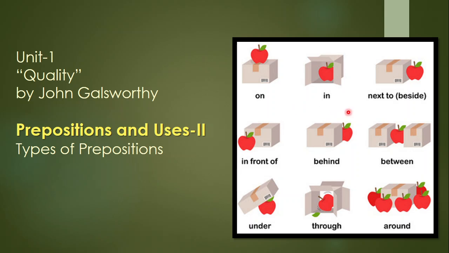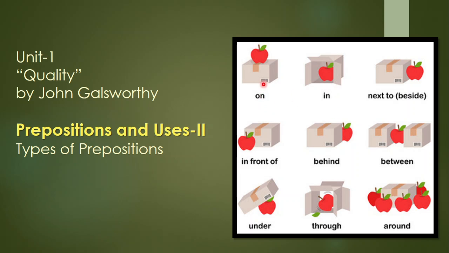I have put it here. This is how we decide the relationship between the apple and the box, and here are the prepositions which indicate the position of the apple.